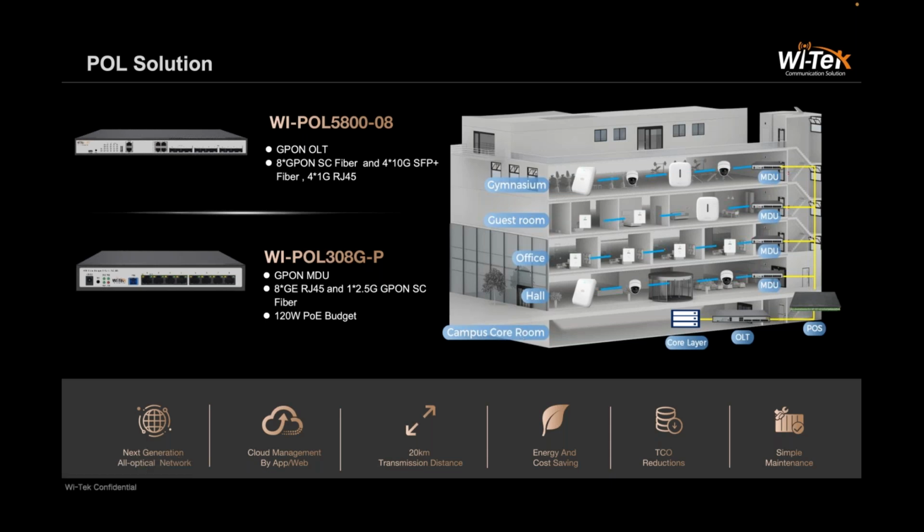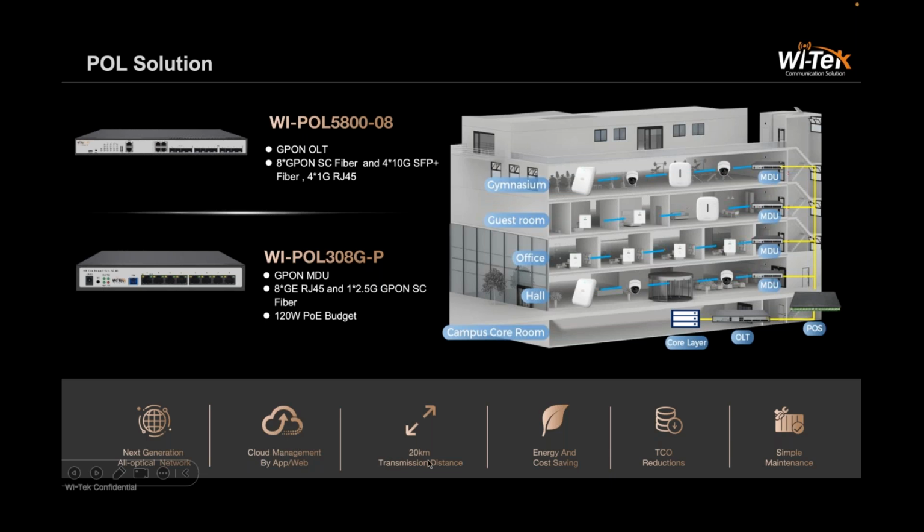Also, sometimes in an old building, if you want to upgrade to fiber or upgrade to Wi-Fi 7, you need 10G speed in the mainline. You can use this solution. So this network is mainly for the next generation, the all optical network. And for YTech, we also support a cloud manager.